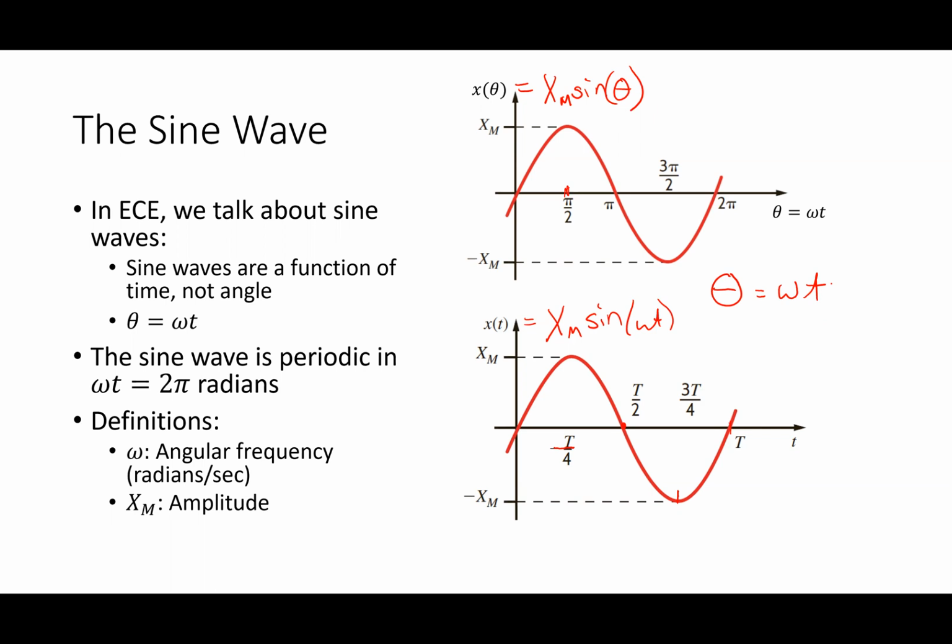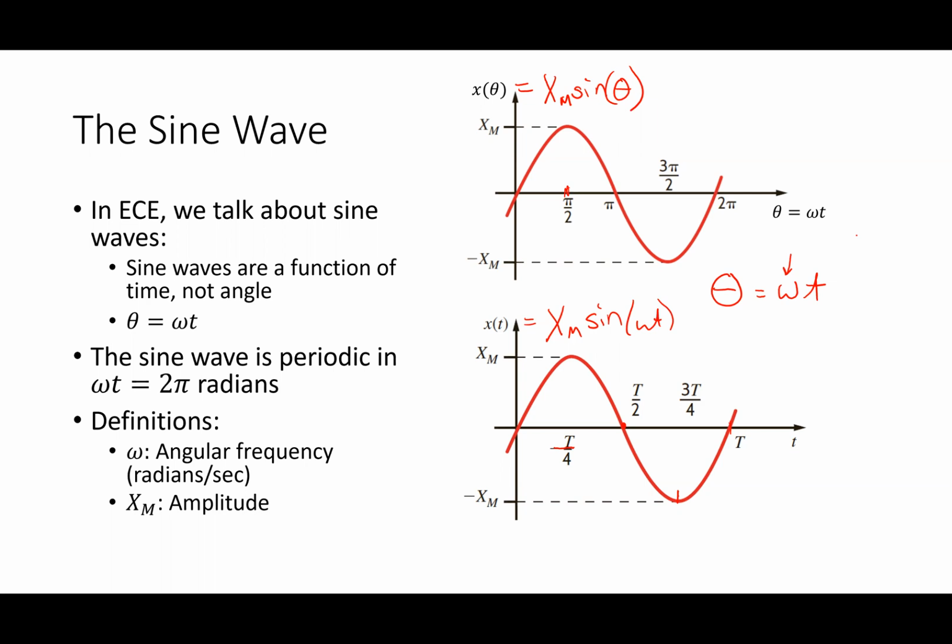So let's say I wanted to figure out how omega relates to the period. How could I figure that out? How omega relates to one period based on what I have right there? 2 pi times the frequency.